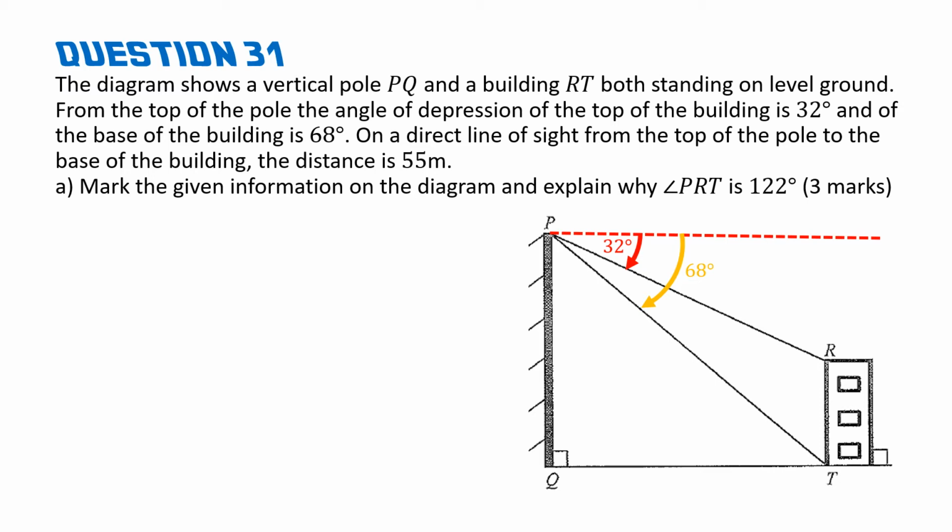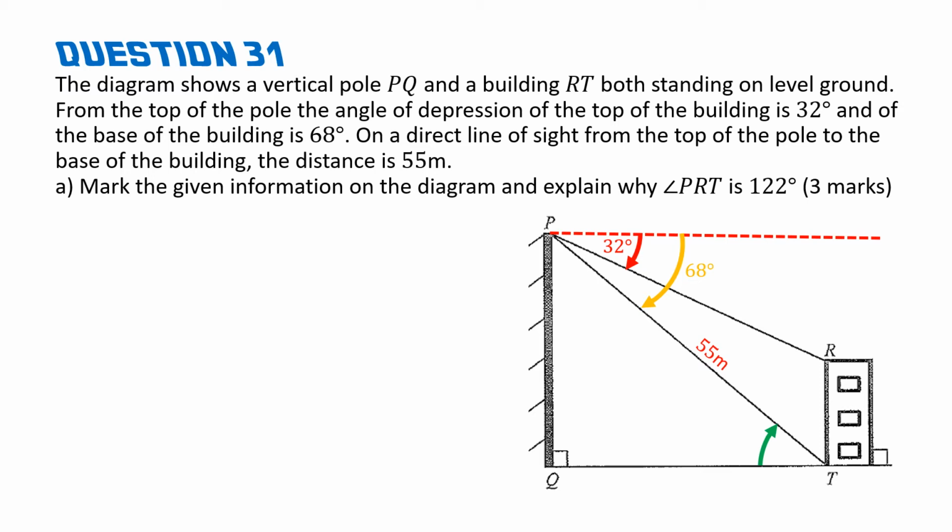The third piece of information is that the distance from the top of the pole to the base of the building, the line length PT, is 55 meters. Now, what other information can we find out? Well, we know that our 68 degrees down from the horizontal to that line is the same as coming up from the ground to that same line, PT, that green angle.